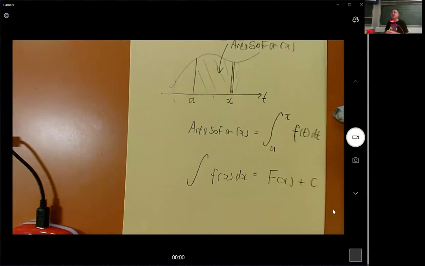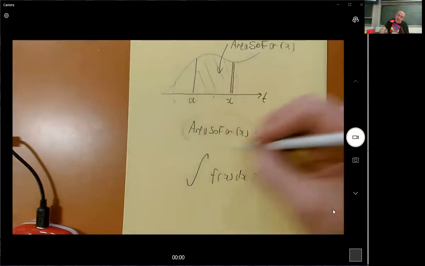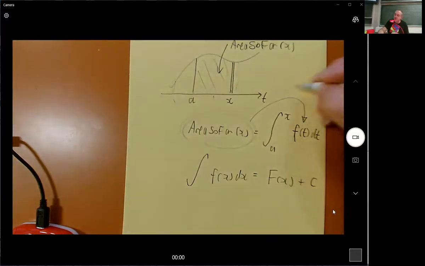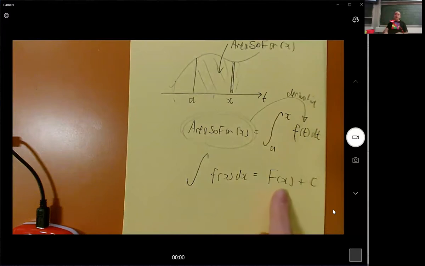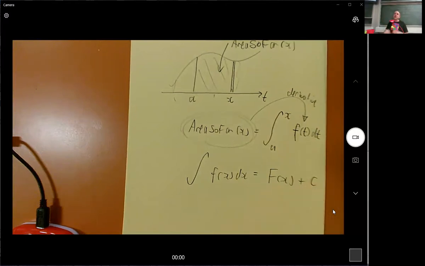The other reason, from a straight up algebra perspective, is that we know definitely that whatever this function is, the derivative of that function is this. And so I know that if I differentiate something that's got a constant on the end, the constant disappears. So if I want to cover all the possibilities, you've got to chuck a constant on the end. So that's 2 reasons why you have that plus C.